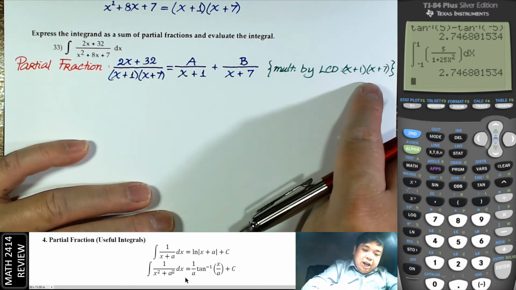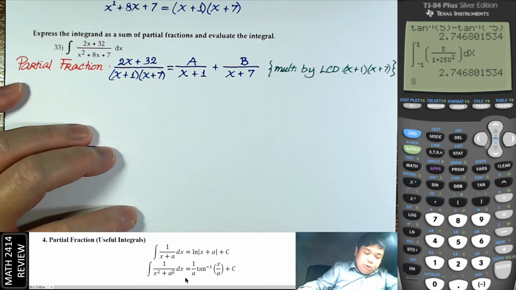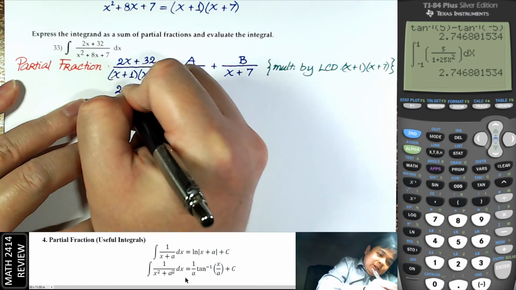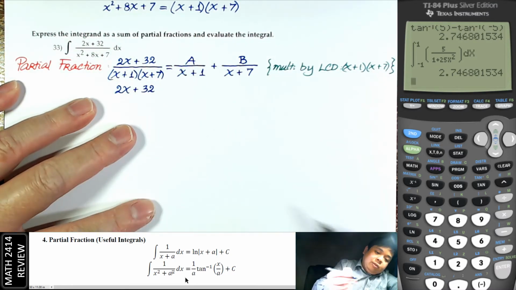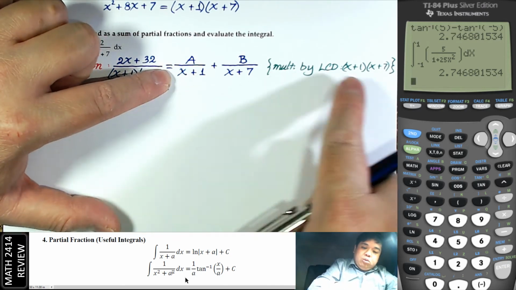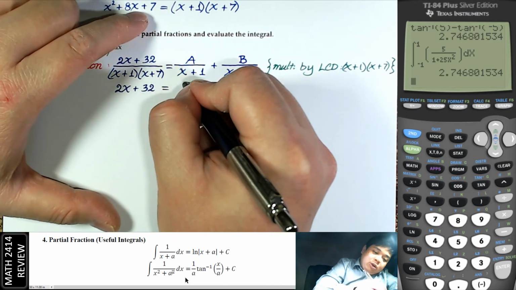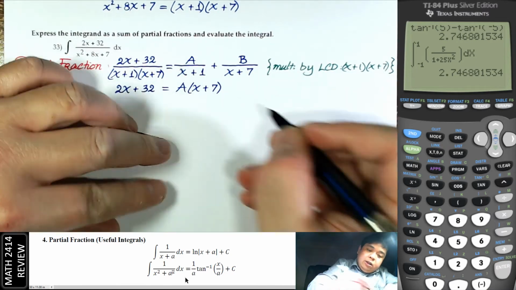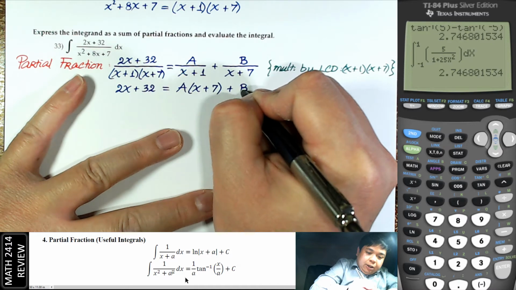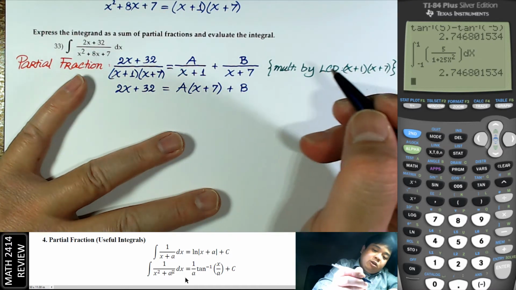If we do that, x plus 1, x plus 7 cancel out on the left, and we have 2x plus 32. And A multiplied by x plus 1, x plus 7, the x plus 1 cancels out, we have x plus 7. And B multiplied by that, the x plus 7 cancels out, we have x plus 1.